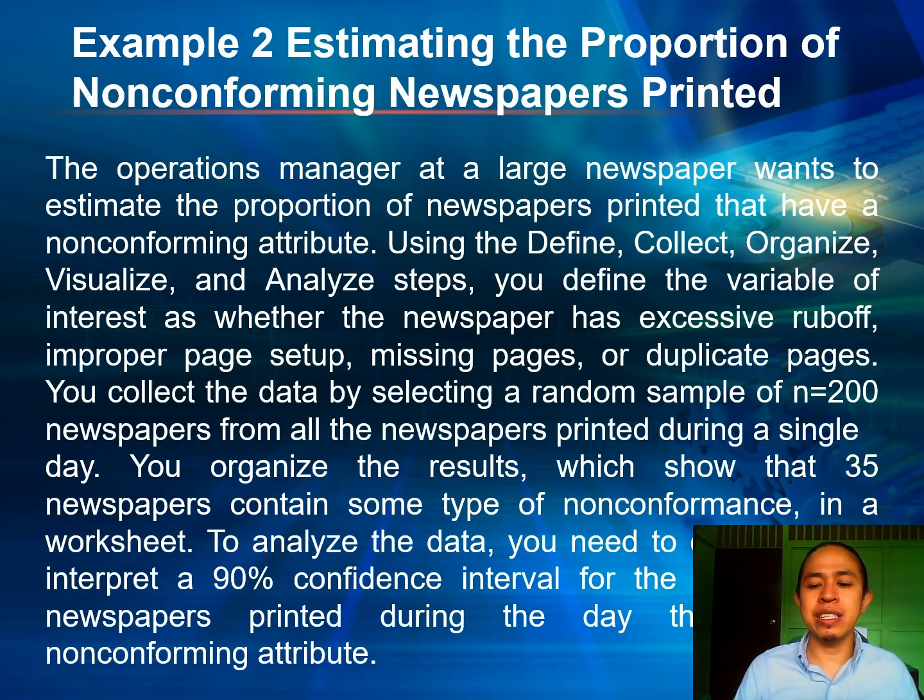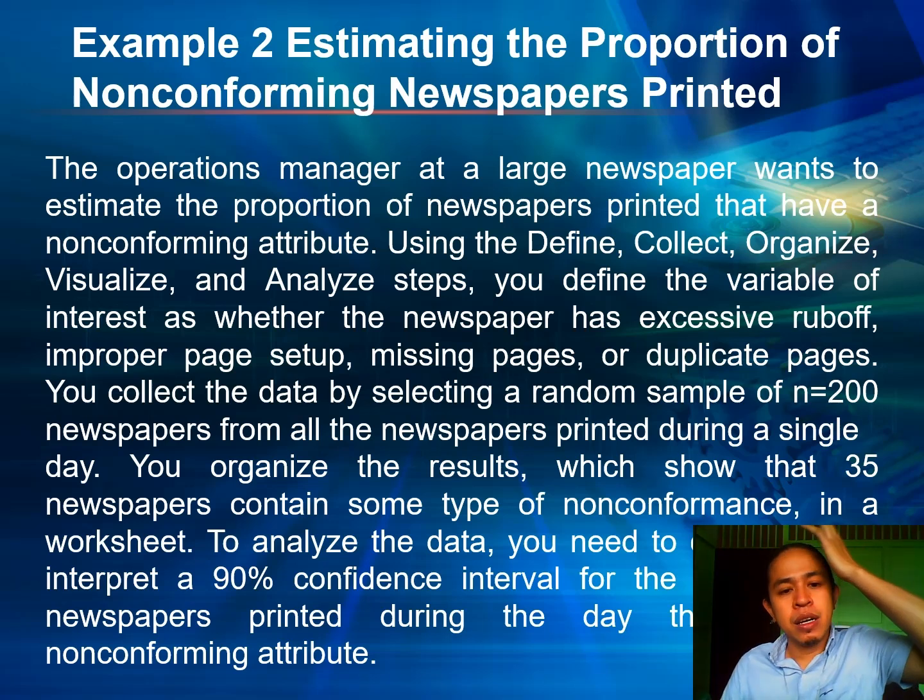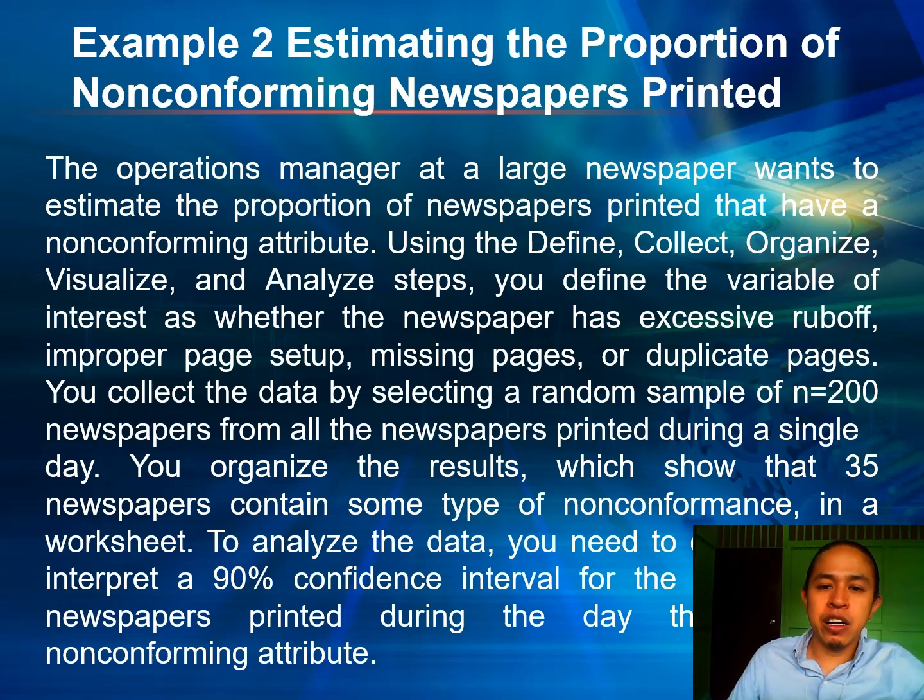So let's have example number 2. Estimating the proportion of non-conforming newspapers printed. Allow me to read this one. The operations manager at a large newspaper wants to estimate the proportion of newspapers printed that have a non-conforming attribute.